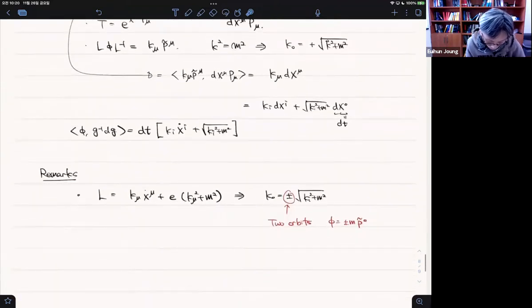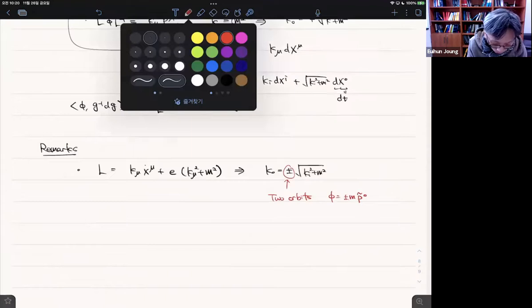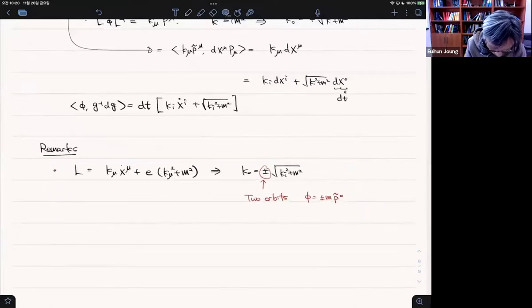But if we describe the orbit in terms of these constraints, it may contain more than one orbit. So this is one remark. Often in more complicated systems and more exotic systems, this kind of subtlety becomes more manifest.